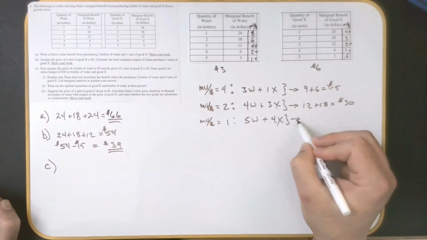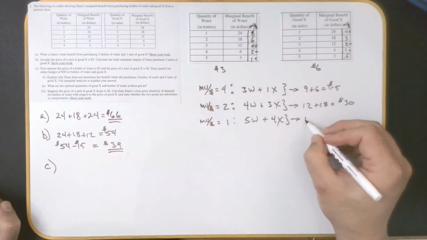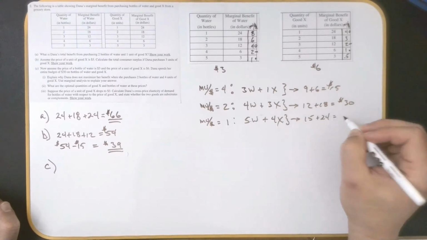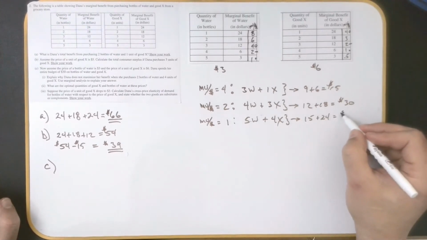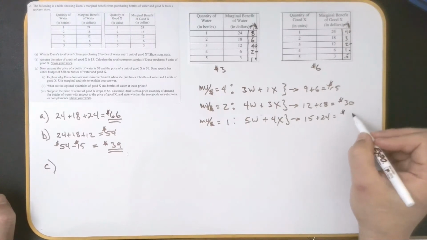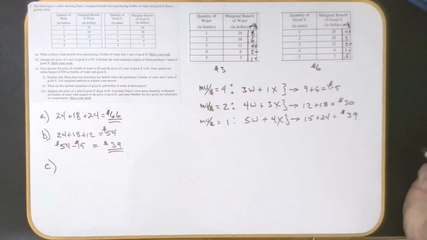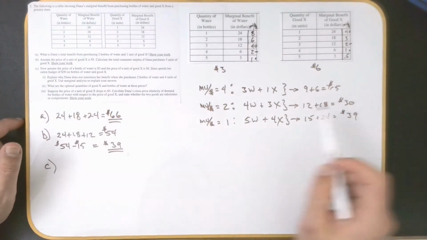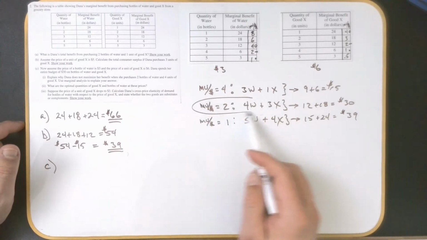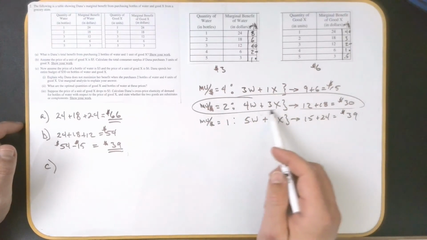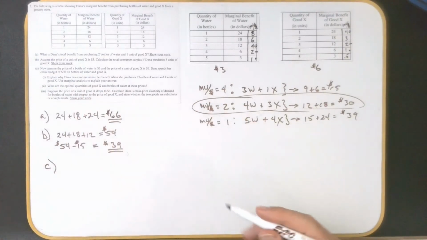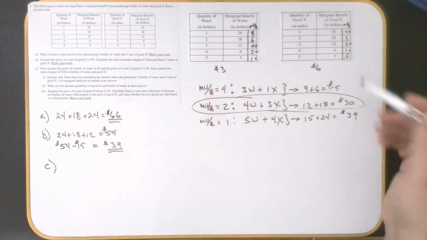And our last one, 5 times 3 is 15, 4 times 6 is 24, and we are getting $39. The question says her budget's $30, so it's going to be this middle one. This is the one that's going to maximize utility. But we haven't really addressed any of the specific questions yet. I could just see this coming, so we got this out of the way.